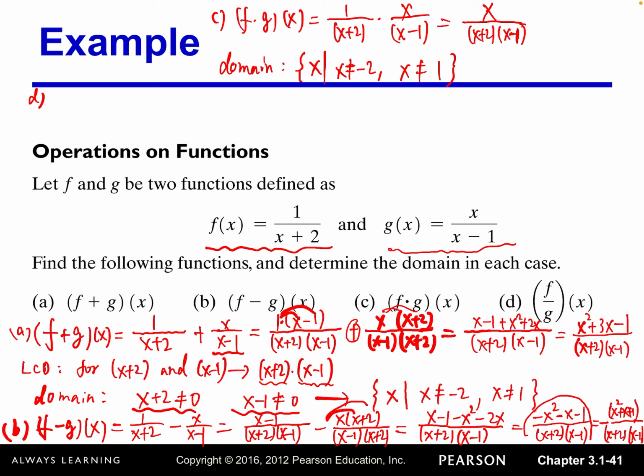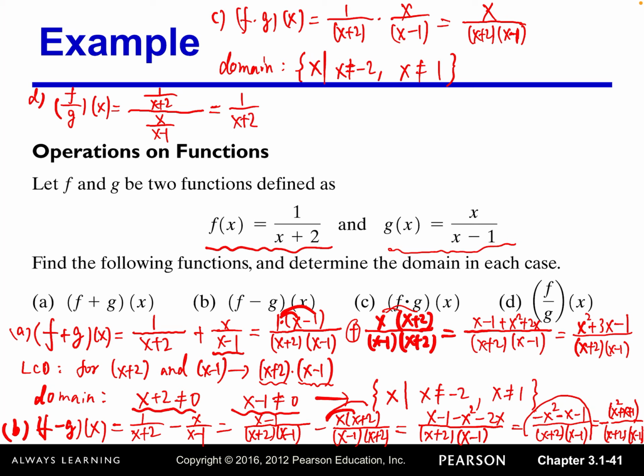All right, and then D, f divided by g of x. If we write it out, f of x by definition is 1 over x plus 2, divided by g of x, which by definition is x over x minus 1. So this is a complex rational expression. Now we can rewrite it in vertical direction, numerator divided by denominator.